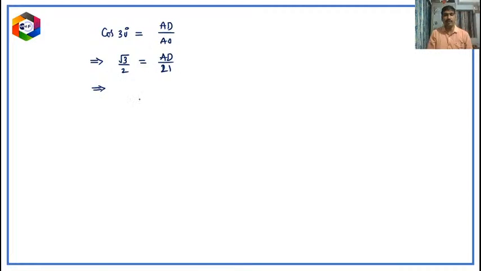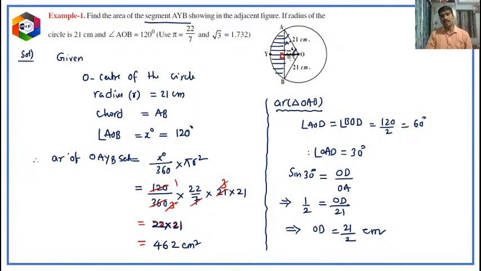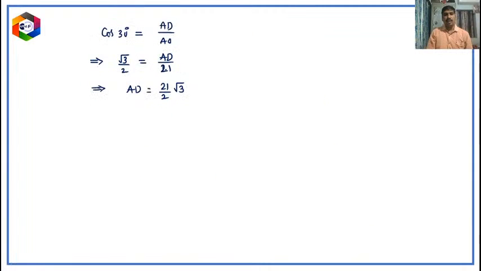Now AD will be equal to 21 by 2 root 3. Once again children, this is cos 30, AD by OA, adjacent by hypotenuse. Cross multiplying, AD is 21 root 3 by 2 centimeters.